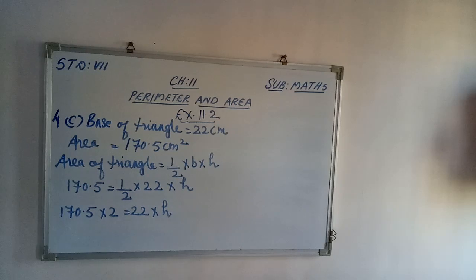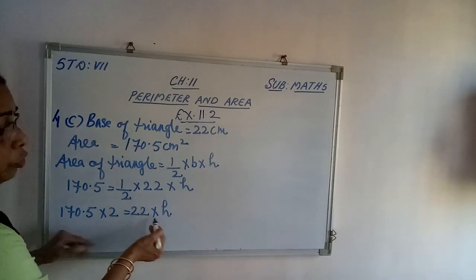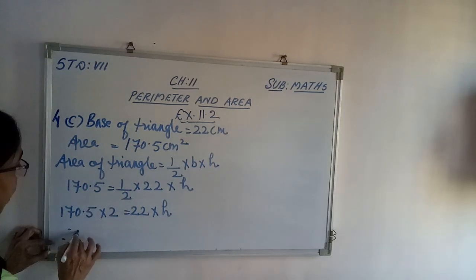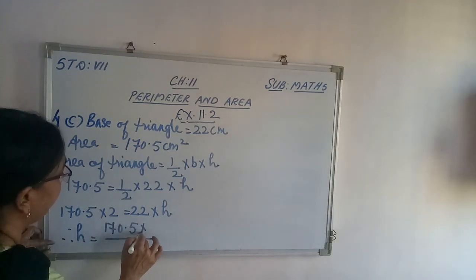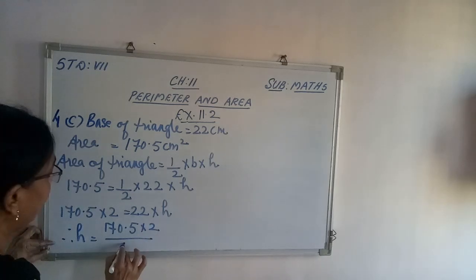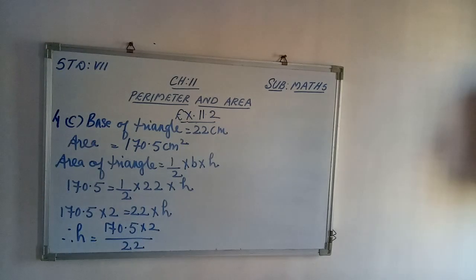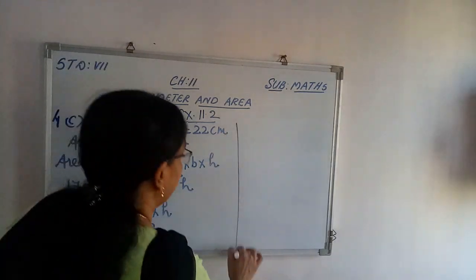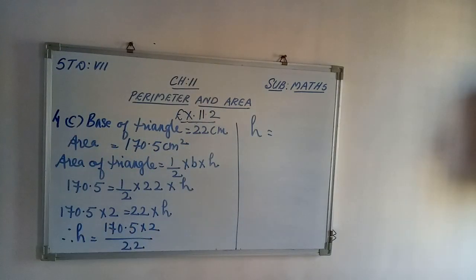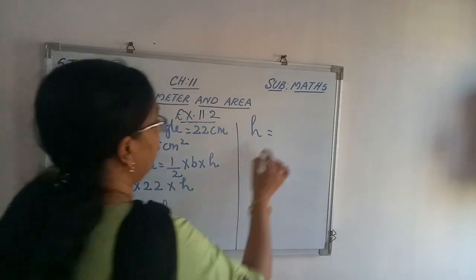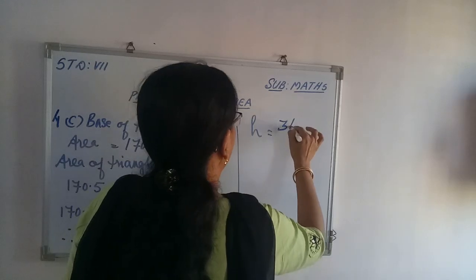Therefore, h is equal to 170.5 multiplied by 2 divided by 22. Is that clear? When you multiply 170.5 into 2, you will get the answer as 341.